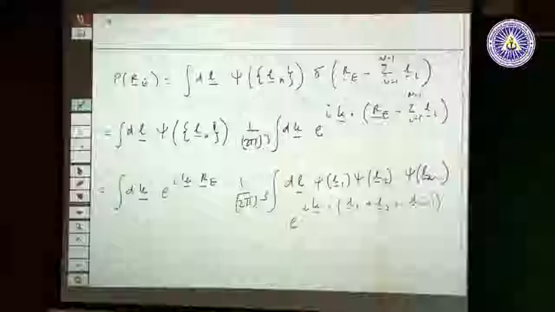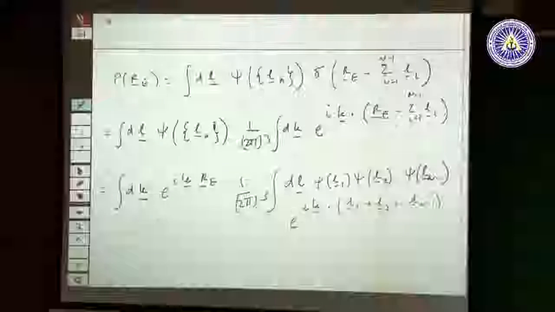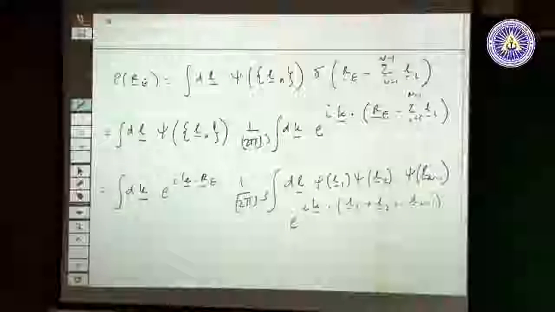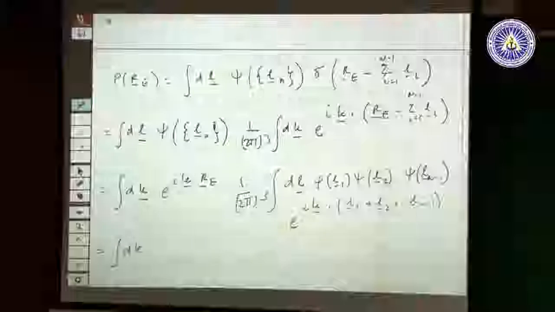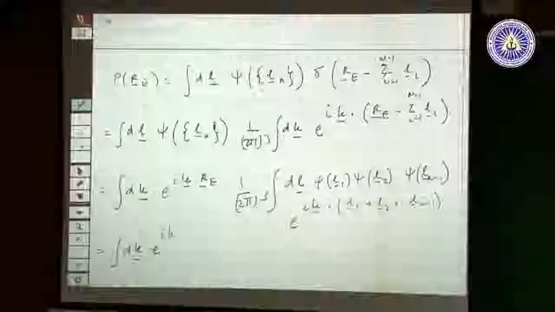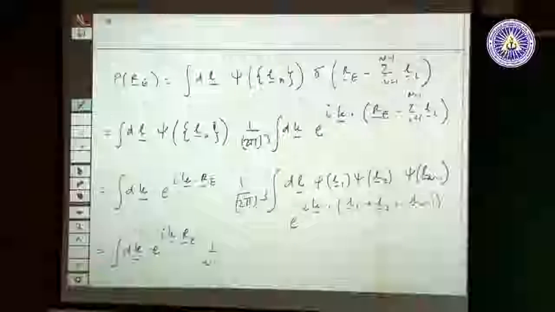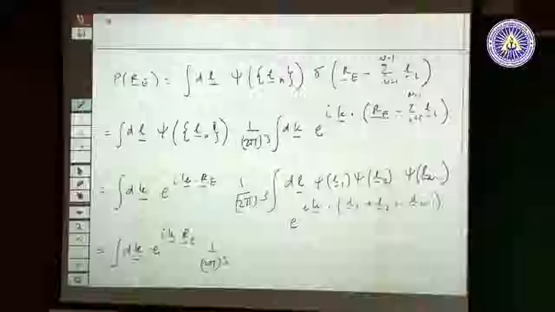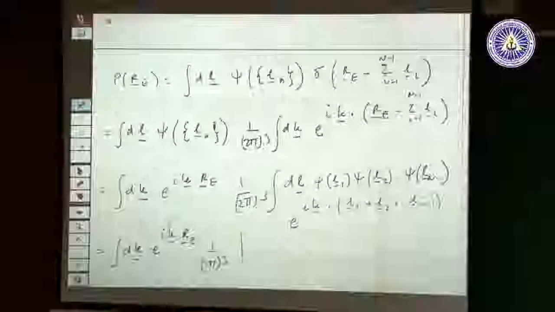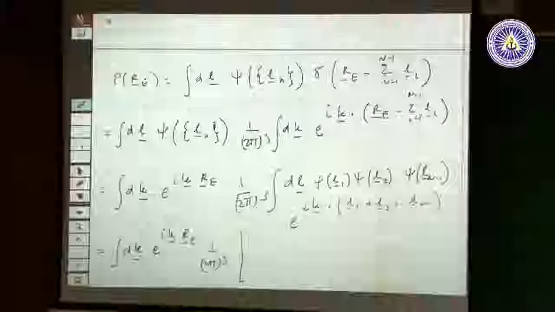Now, e to the power of a sum is the product of the exponentials. So, I can write this as integral dk e to the power of ik·R_E, 1 over (2π)^3, and now there is a bunch of integrals, and I will separate them.